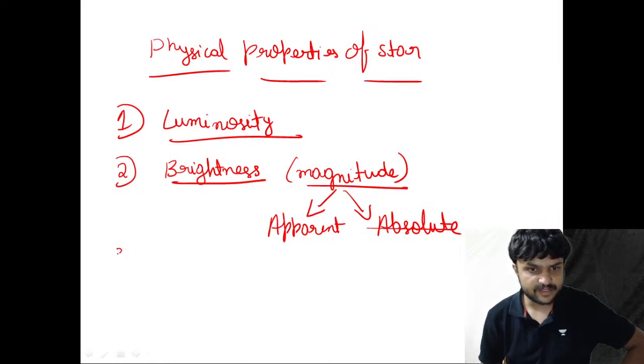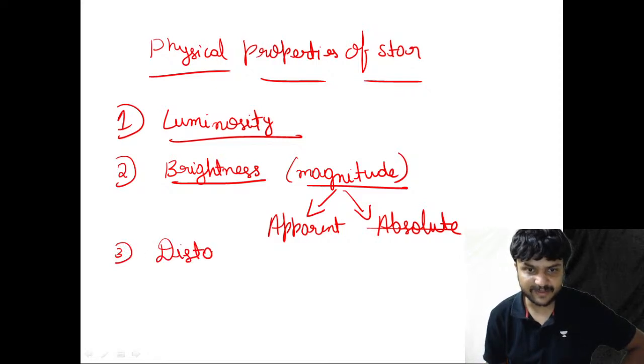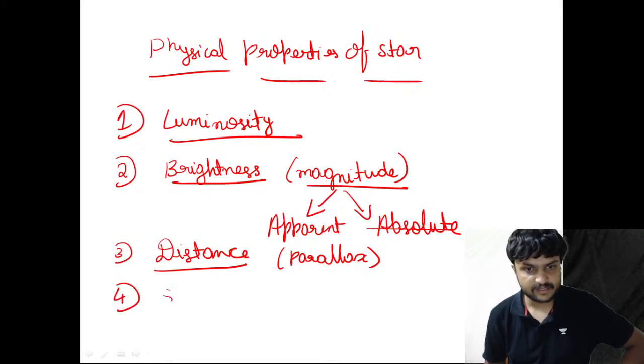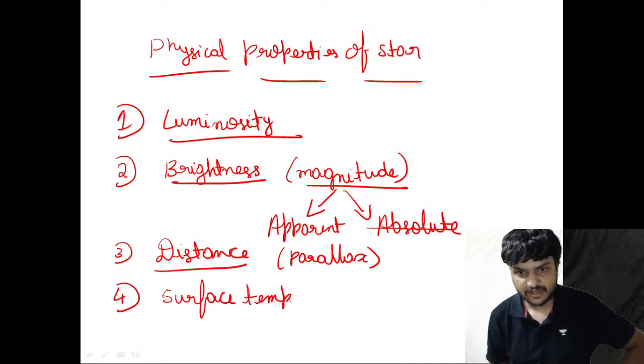Then we are going to study the distance measurement, which you would have studied in class 11, the parallax technique. So distance measurement using the parallax technique. Then we are going to study the surface temperature of the star. How do we measure the surface temperature of a star?